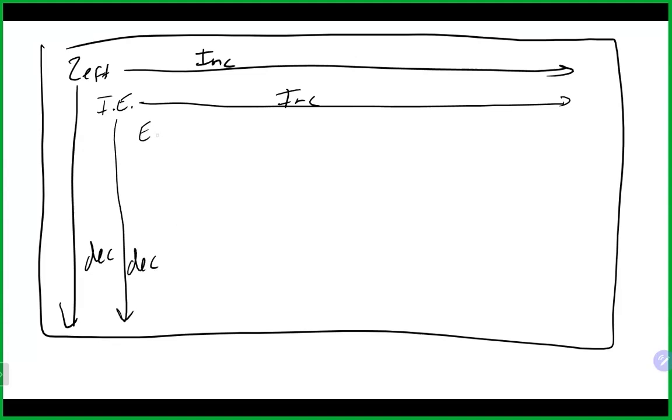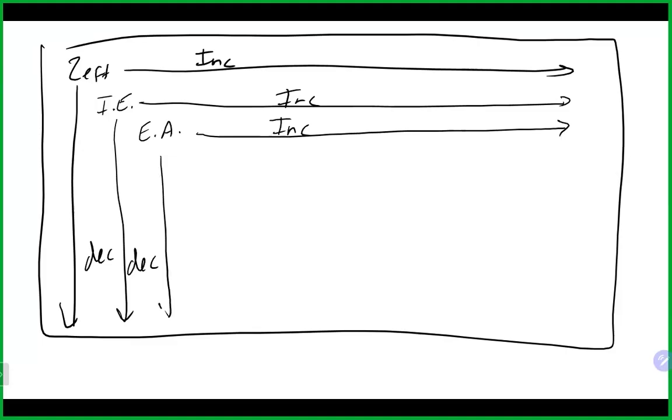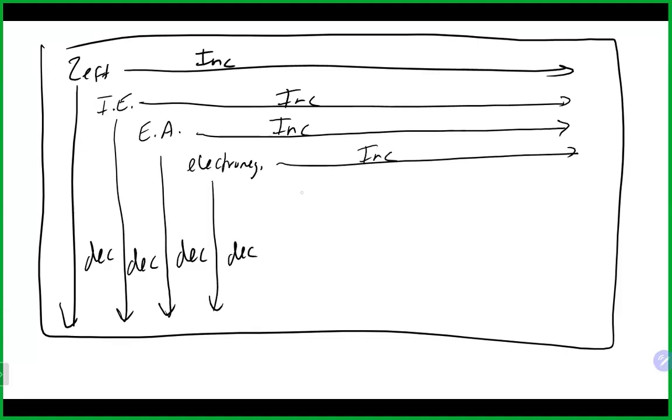The electron affinity, which again is the energy change that occurs when somebody gains an electron, increases this way, decreases this way. And electronegativity increases this way and decreases this way. And lastly, size decreases up and to the right and increases left and down.